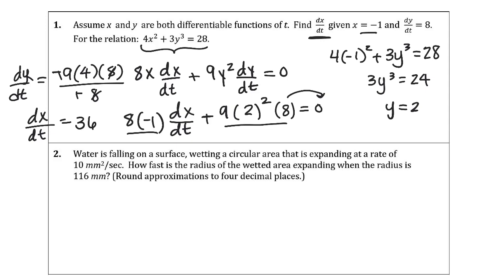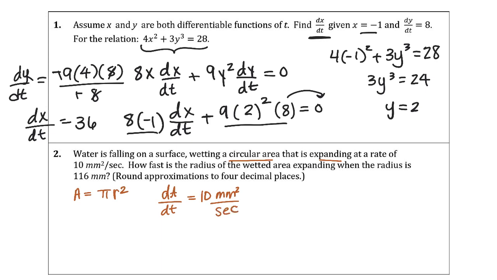Inside the problem, we see that we're going to have a circular area expanding. So right off, I know I need the area formula for a circle. And then we are told that that circular area is expanding at a rate of 10 millimeters per second. So I know dA/dt, the rate of change of the area, is 10 millimeters squared per second.